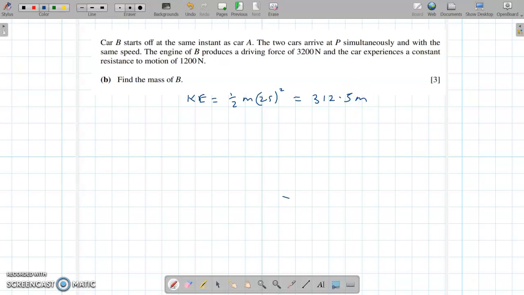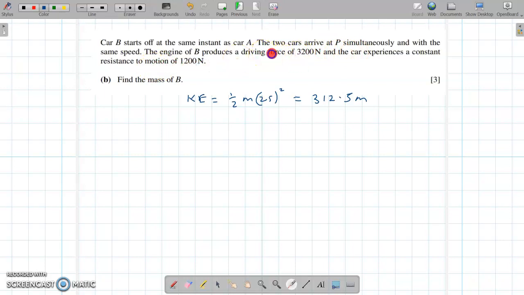So we got our kinetic energy of car B. It's very similar. It starts with 0 kinetic energy and ends up with 312.5 m kinetic energy. And that kinetic energy comes from the driving force of the engine producing that. But the resistance to motion is hindering it.